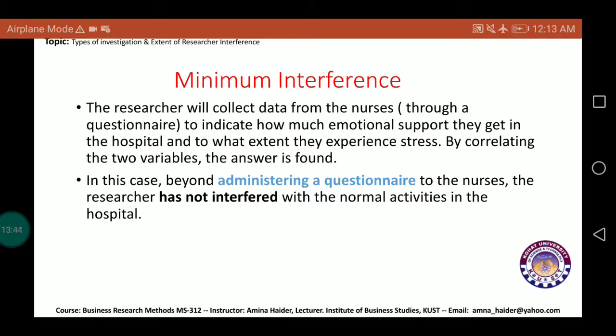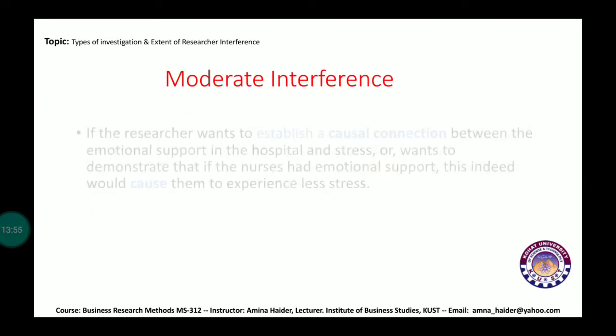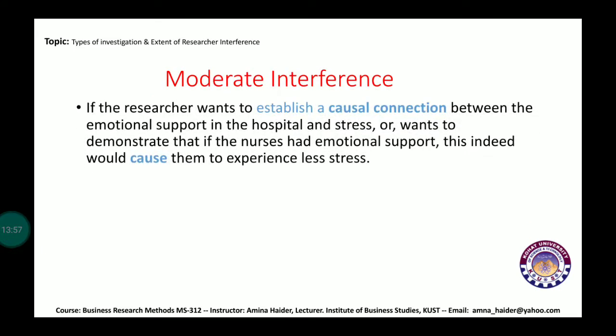So here the researcher interference in the study is minimum. The next is moderate interference.